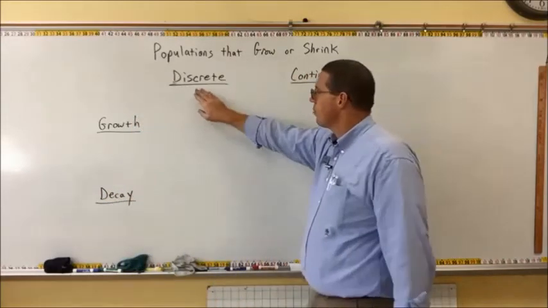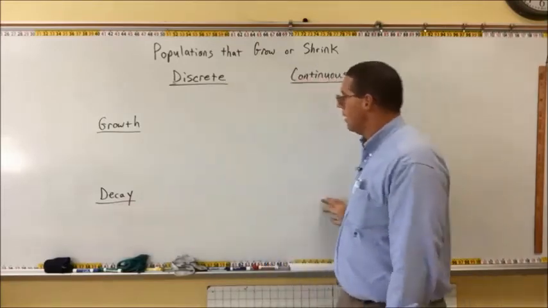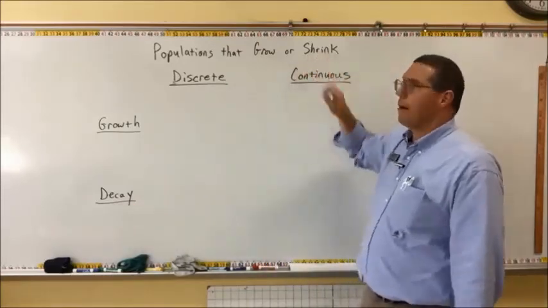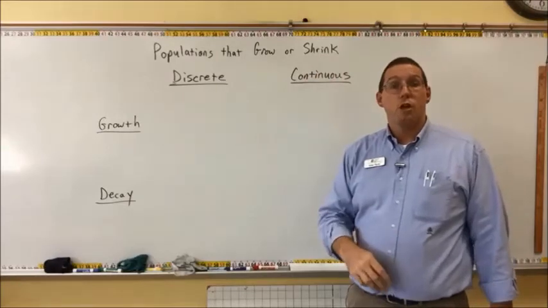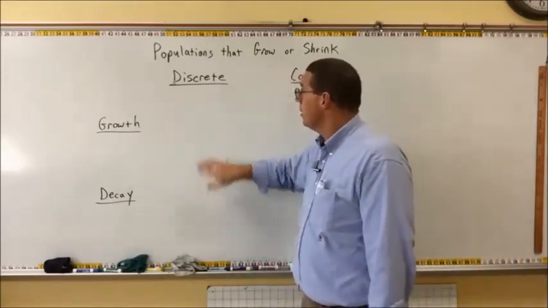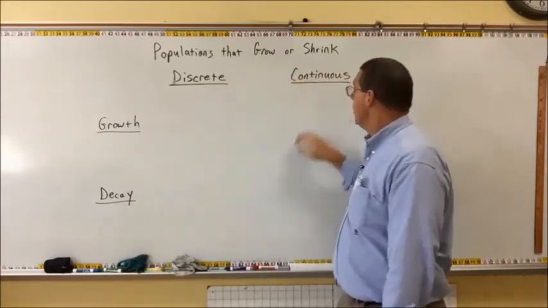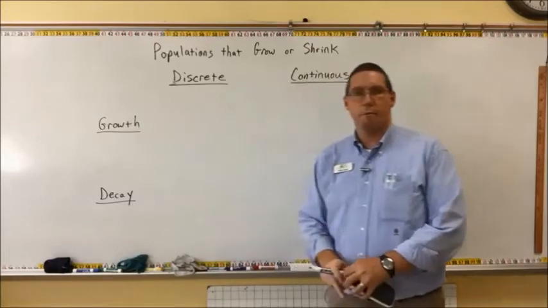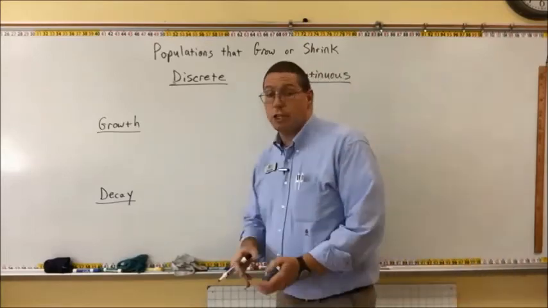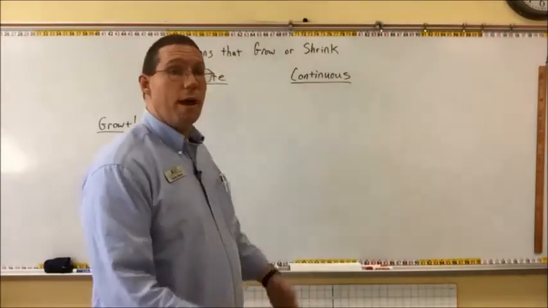We can have discrete decay and continuous decay. Decay is when the population is shrinking. So this is 4 formulas altogether: the discrete growth formula, the discrete decay formula, the continuous growth formula, and the continuous decay formula. Let me show them to you. I'm just going to give you the formulas, you write them down, and then in the next video I'll show you how to use them.